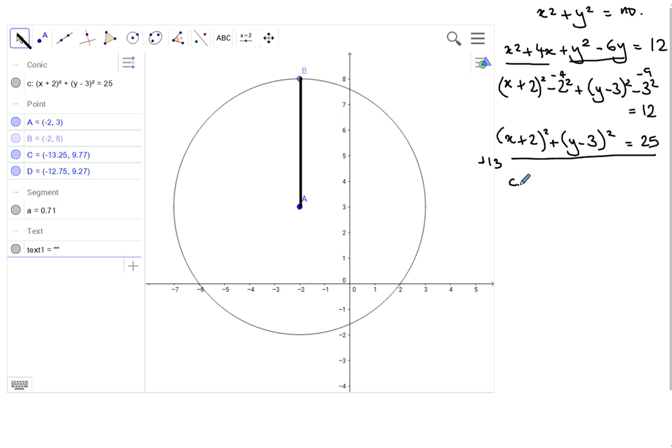So your center, change the sign, it'll be (minus 2, 3), and the radius is the square root of 25, which is 5. Let's just check that. You've got x plus 2 squared plus y minus 3 squared equals 25. The center is (minus 2, 3). That point there is (minus 2, 8). And you can tell the difference is 5. As simple as that.